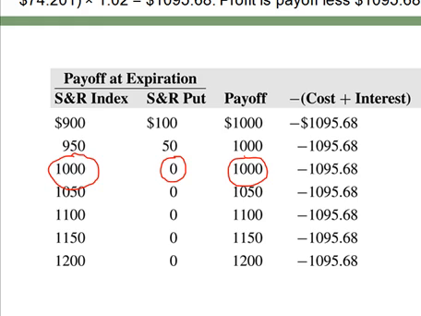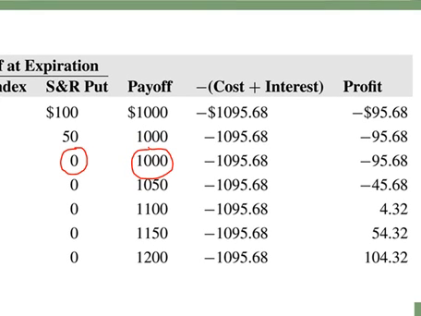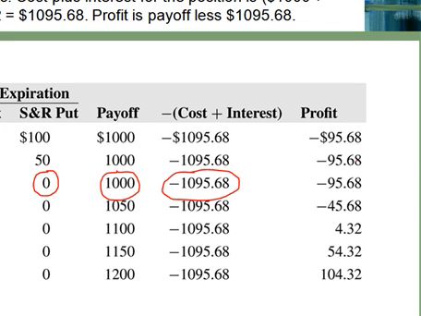Now, of course, the cost of the initial position plus the interest that you could have earned is still the $1,095.68. That doesn't change, and so you end up with a profit in that case of negative $95.68. That's your $1,000 that you ended up with on the expiration date minus the cost of the initial position plus the interest you could have earned on it.